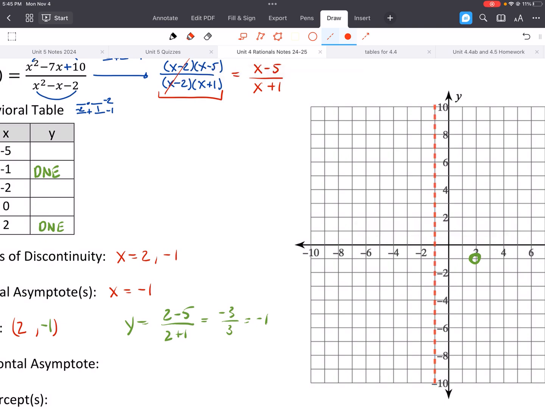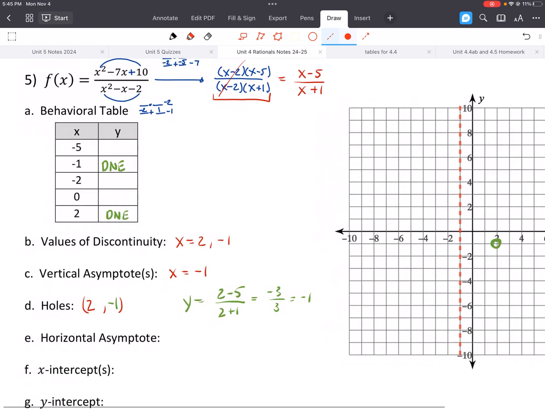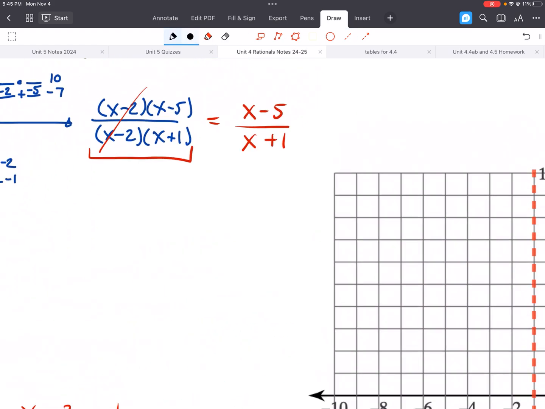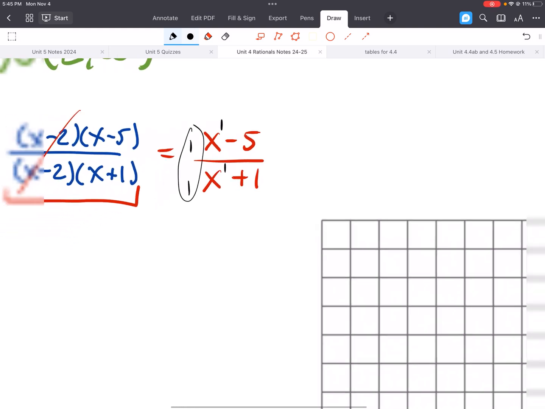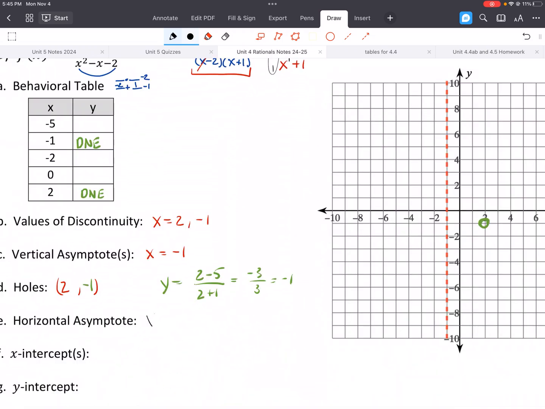And let's see if we can find our horizontal asymptote. So again, we look at the function. It doesn't matter which one you're looking at. We compare. They both have the same degree. So we just look at their leading coefficients, which would be 1 over 1, which is just 1. So y equals 1.